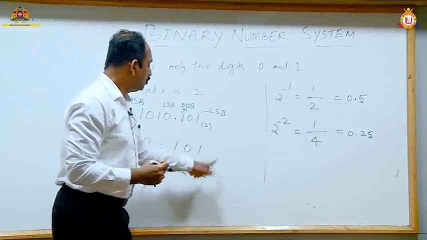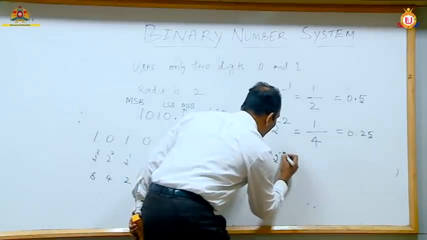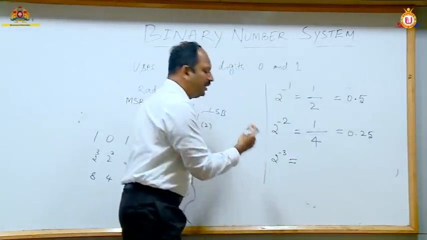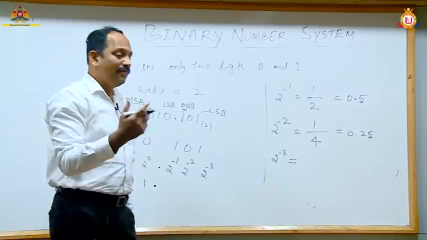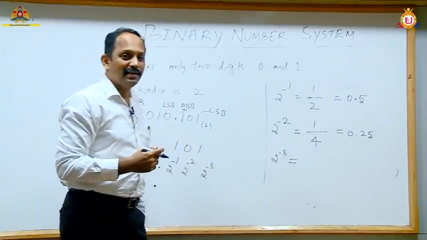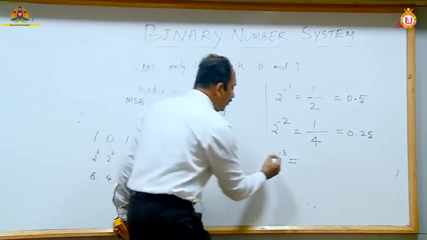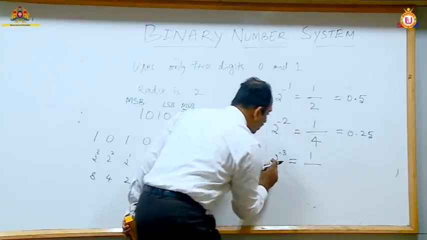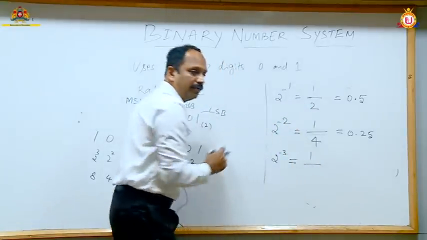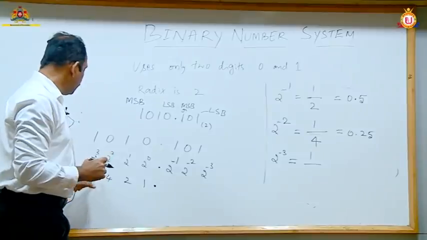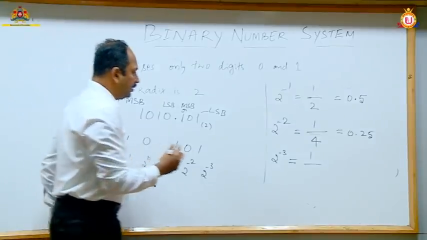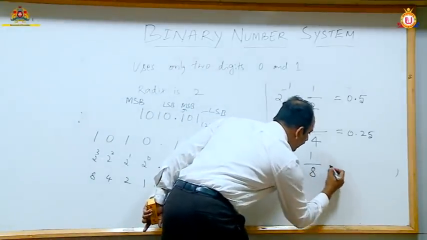Then, what is 2 to the power of minus 3? How do we know the value of 2 to the power of minus 3? 2 to the power of minus 3 is nothing but 1 divided by 2 to the power of 3. 2 to the power of 3 is 8, so that is 1 divided by 8.